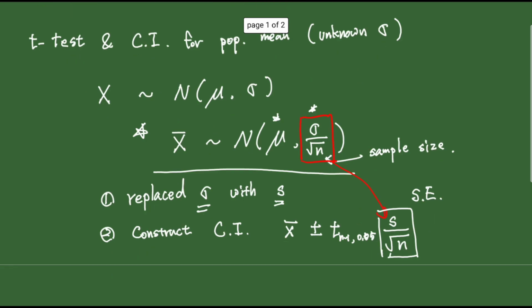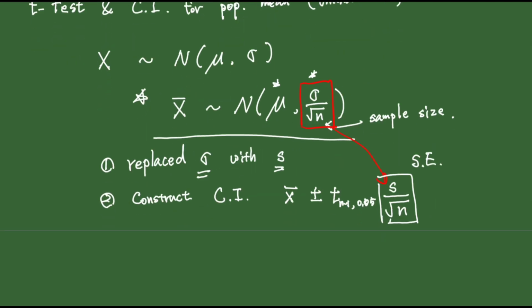This is what we have learned for the CI. To construct the CI, we use X bar plus or minus the critical value from the t distribution, and then we write down the term here.